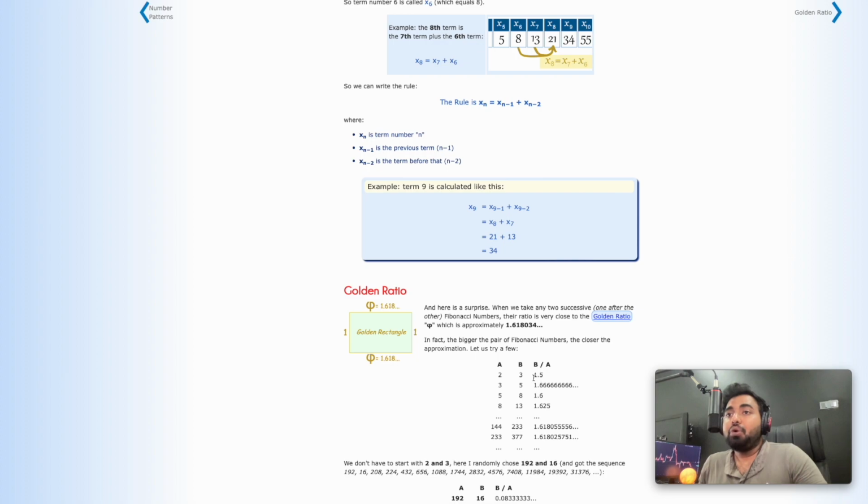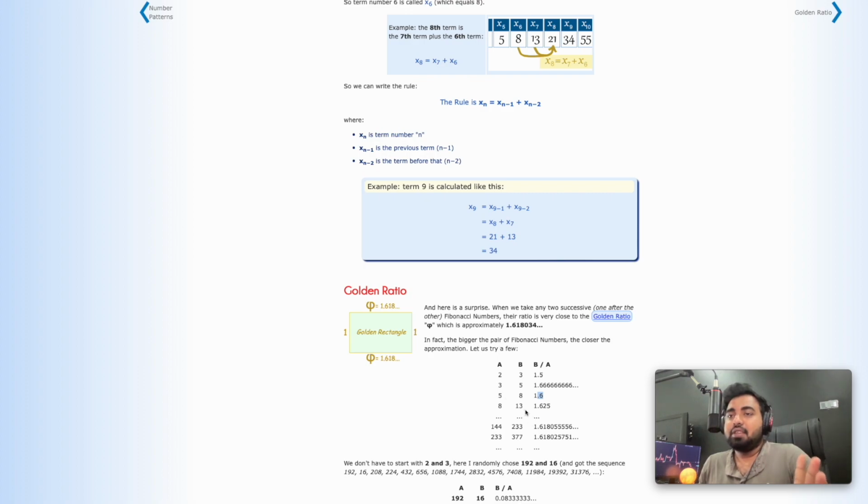The ratio always comes to one number, 1.625, 1.6, like that, 1.618. In fact, the bigger the pair of Fibonacci numbers, the closer the approximation. So as the numbers get bigger, the ratio gets closer to 1.618.